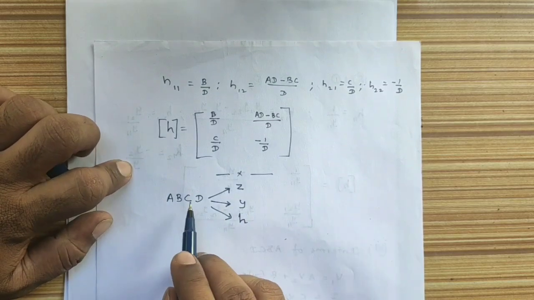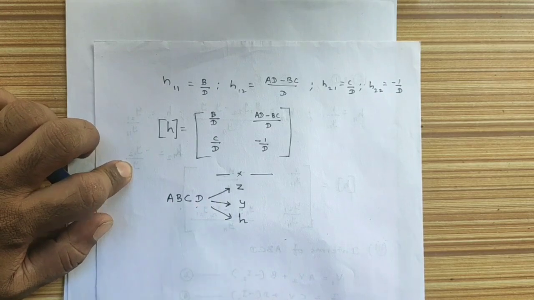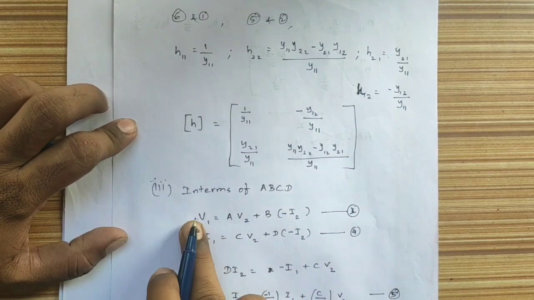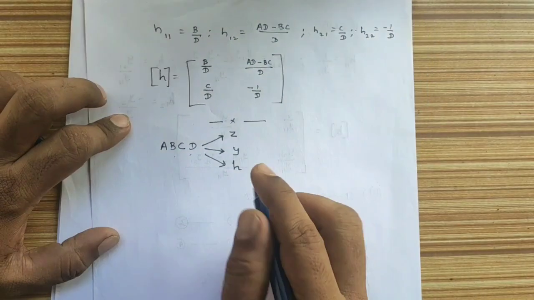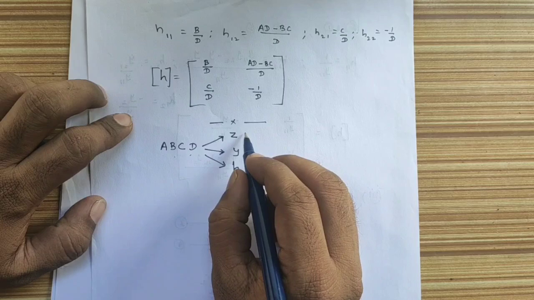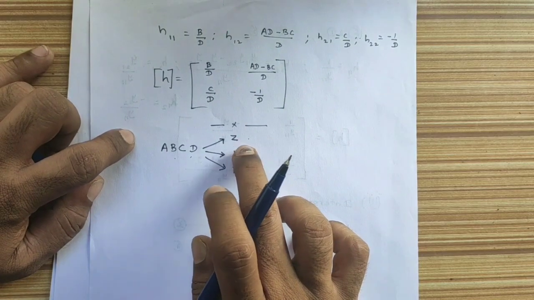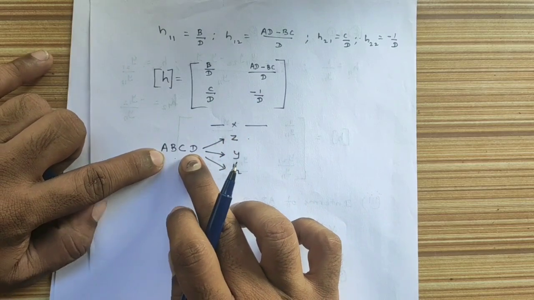For that, you have to take the ABCD parameter equations that already we have written here. You have to take these two equations as number 1 and 2, and to solve the first one, you have to take the Z parameter equations, number 3 and 4, and you have to solve those four equations, and you have to get A equal to, B equal to, C equal to, and D equal to.